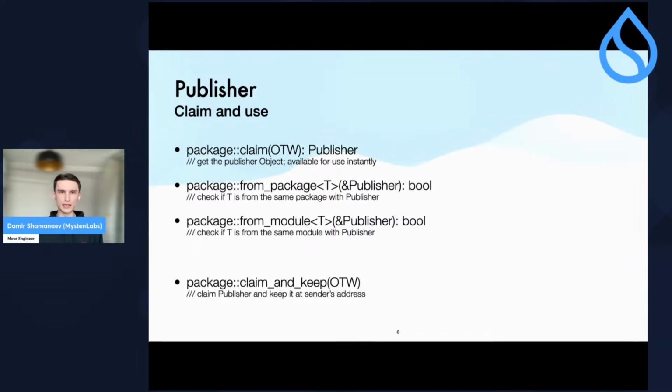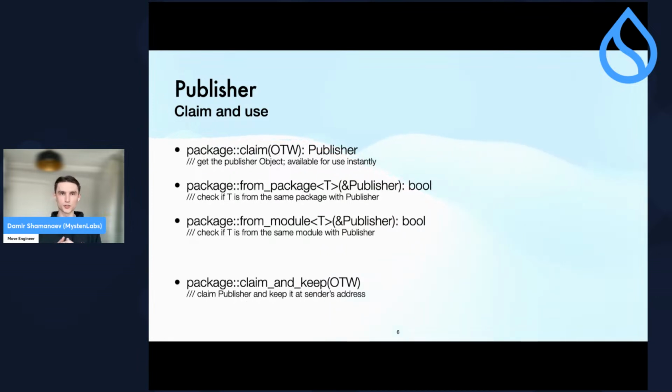You can claim it using a one-time witness in your module. Once you have this object, you can check whether a type, passed as a type parameter to the functions from the module, belongs to the same module or package from which this Publisher was created.